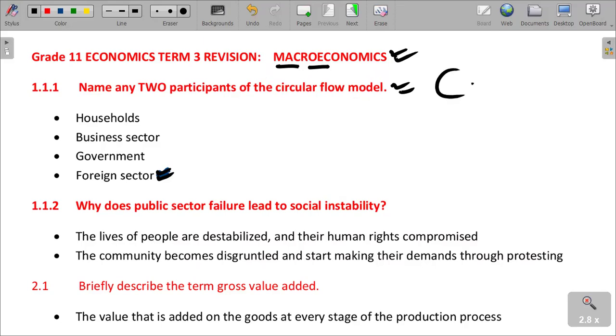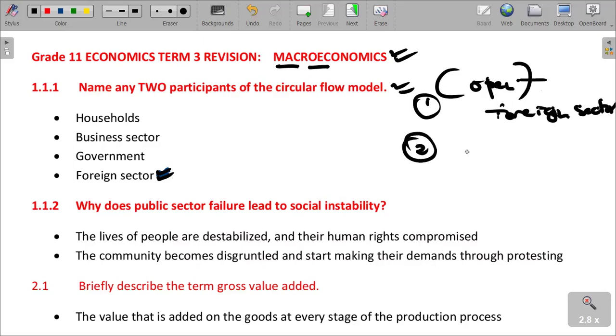One thing that I want you to look at is that we have a circular flow model that is open. Open means it has a foreign sector. Two, it is closed.